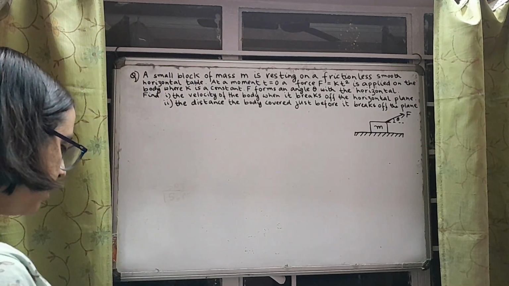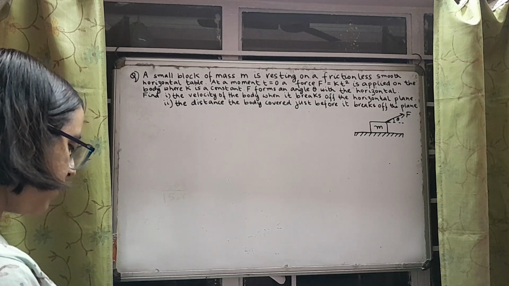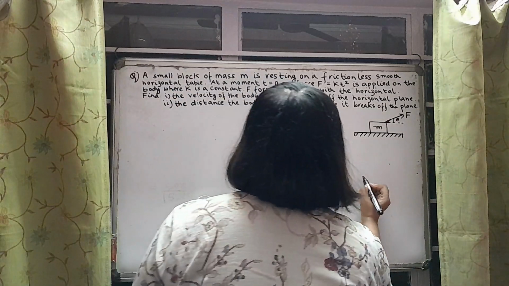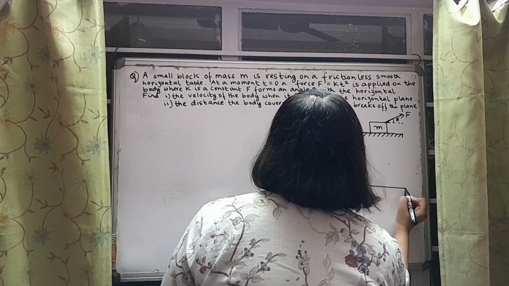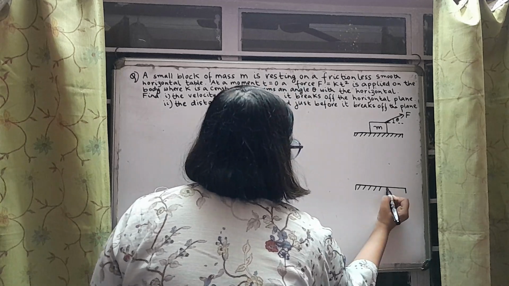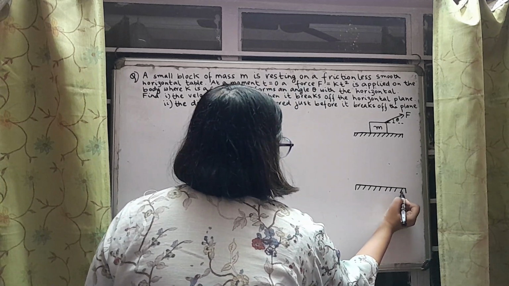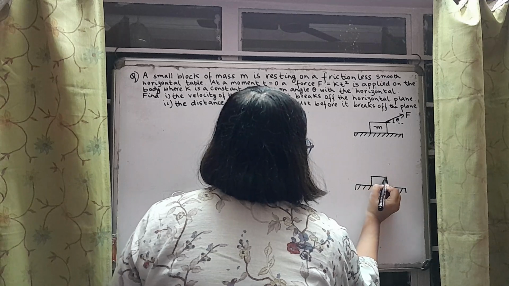Now let us find out what are the forces acting on this body. So if I redraw this, this is a horizontal plane, and my mass m is resting on it.